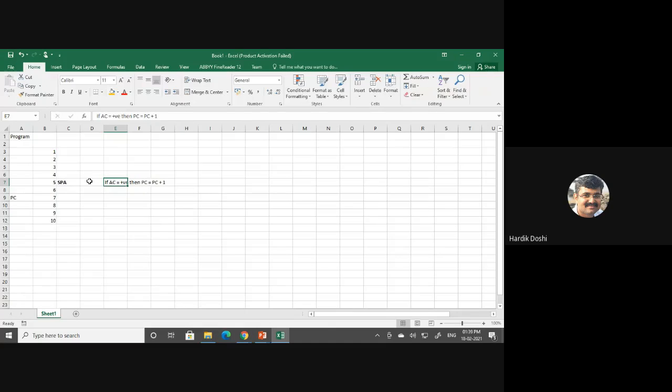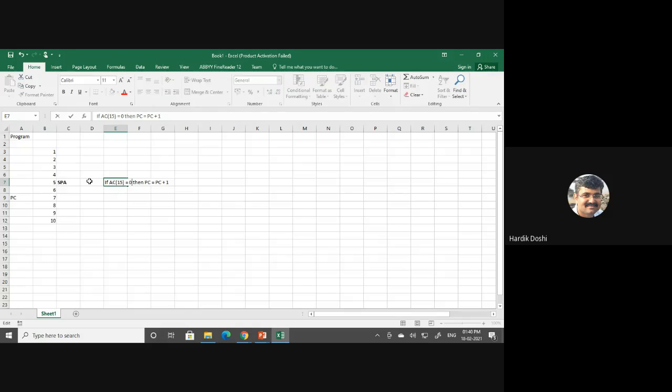The most significant bit in the AC register, if it is 0, then it is positive. If it is 1, then it is negative. That means AC being positive or negative can be decided based on the 15th bit. If the 15th bit of AC is 0, then we need to increment PC by 1.